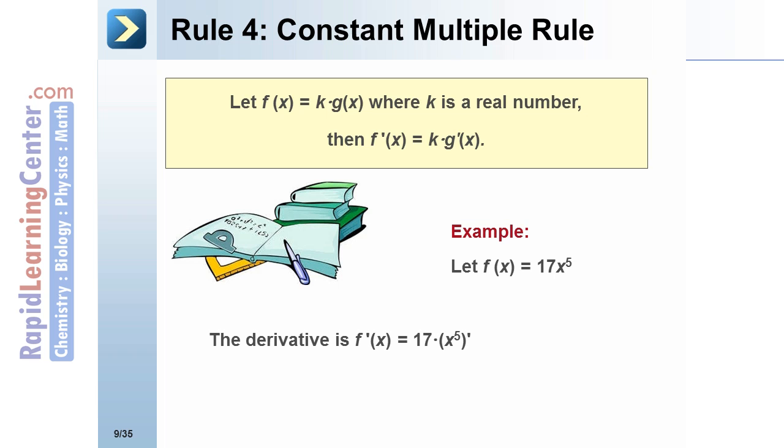Then the derivative f prime of x would equal 17 times x to the 5th's derivative. The derivative of x to the 5th is 5x to the 4th. So ultimately our answer becomes f prime of x equals 85x to the fourth.